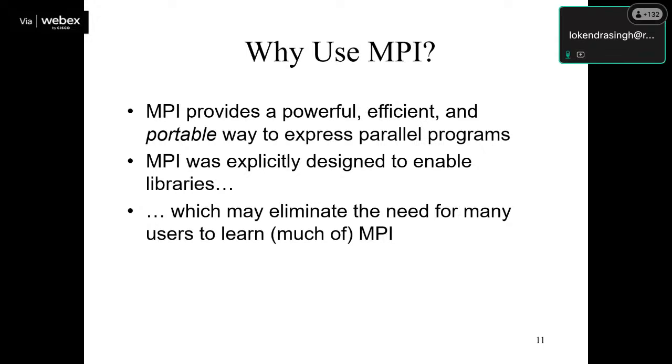So why use MPI? I already told you, sequential code takes much more time to execute. Why? Because most of the large programs use loops. Loops take much more time to execute programs.